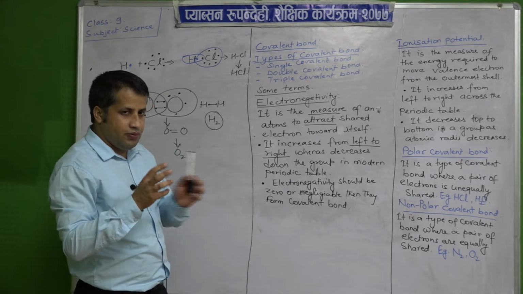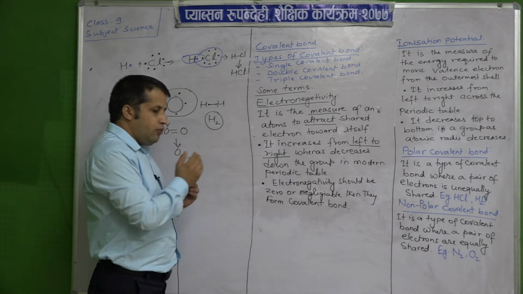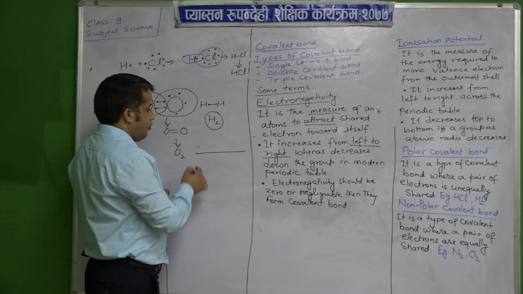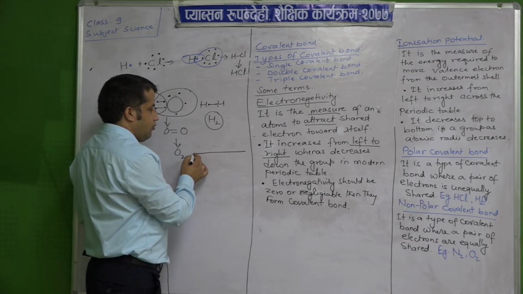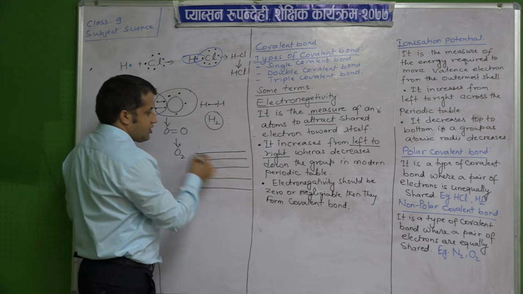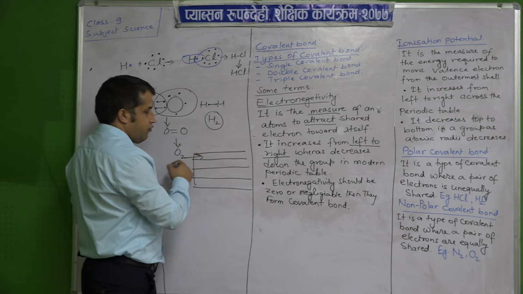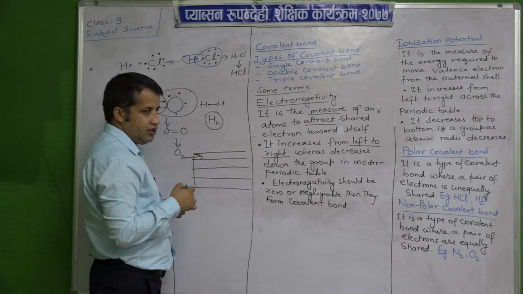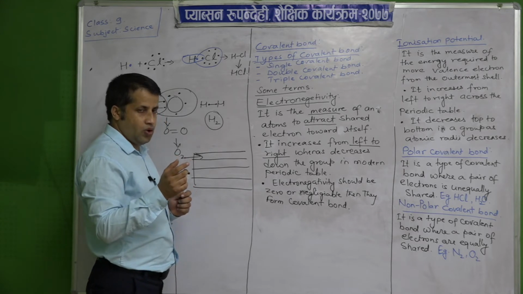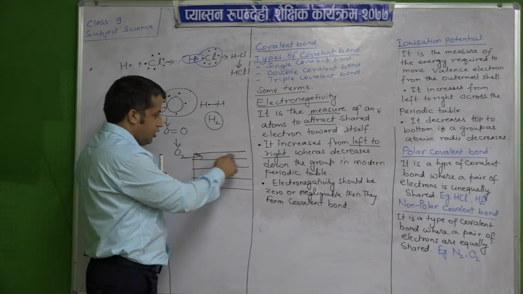So here I want to clear a little bit: when we move from left to right in a period, in the modern periodic table there are 7 periods. Along this period, if you go from left to right, the number of shells is the same in each period.